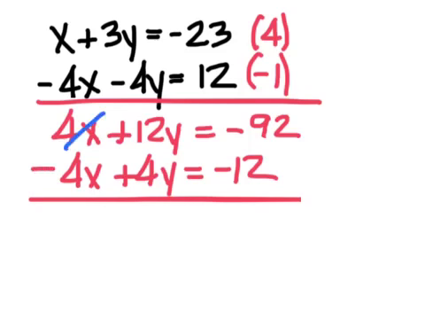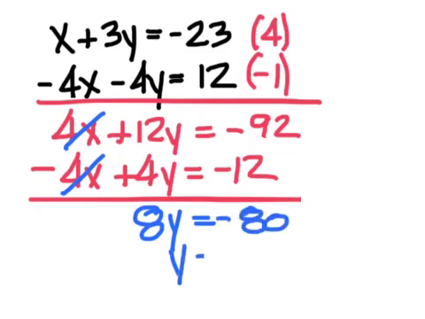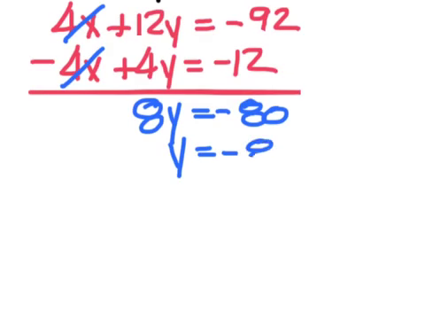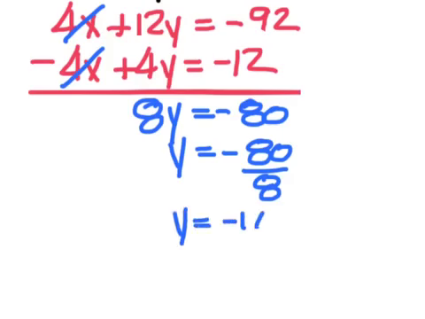So I'm going to cancel out here and have 12 minus 4, which is going to give me 8y. And then -92 minus a -12 is going to be a -80. So then you do -80 divided by 8 and come up with -10.